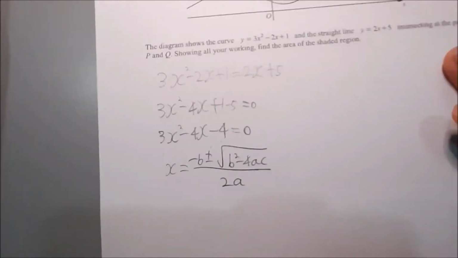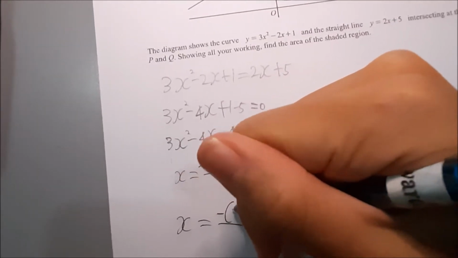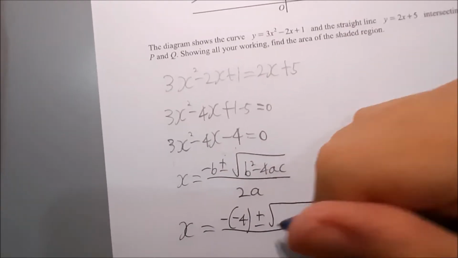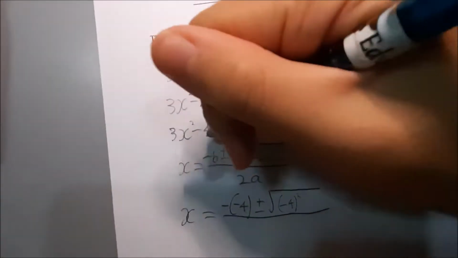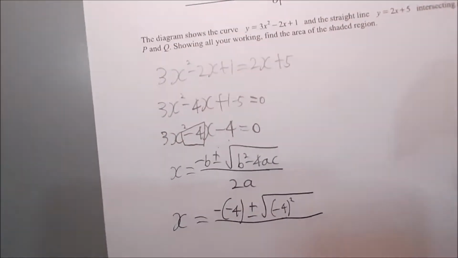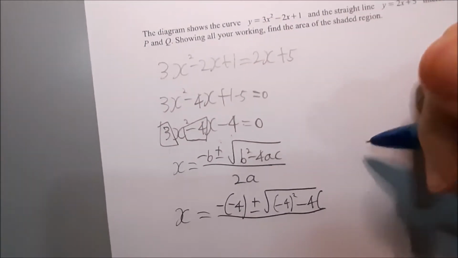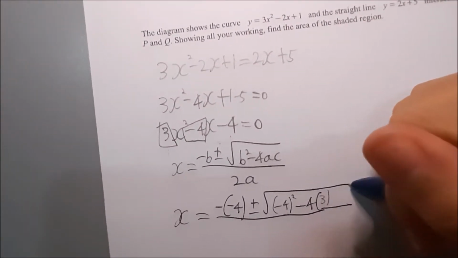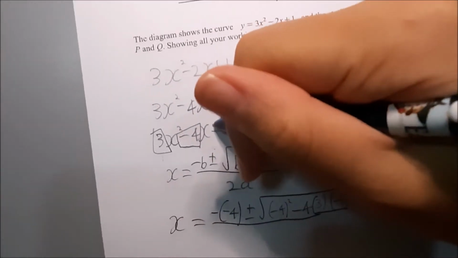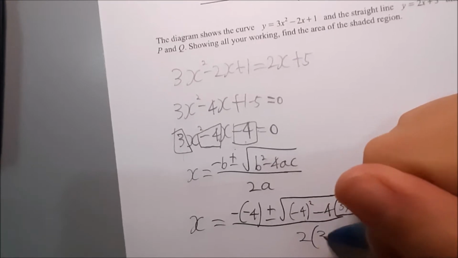If you use this formula, you get minus b, which is minus minus 4, plus minus the square root of b squared, which is minus 4 squared. This is b. Minus 4a, which is 3. C is minus 4. And then you get 2a, which is 3 times 2.